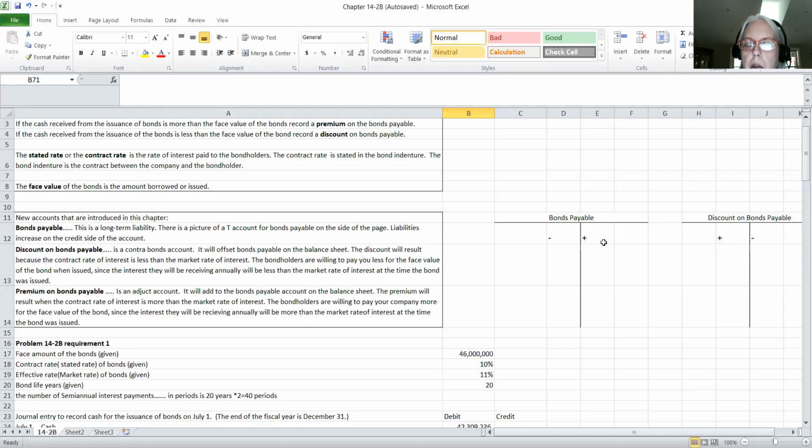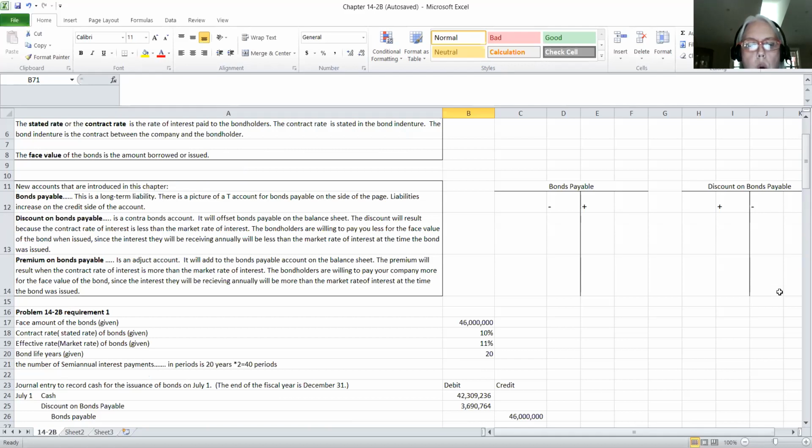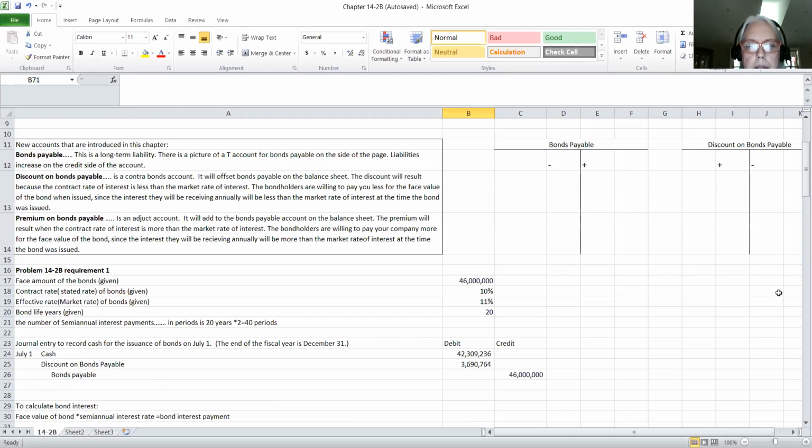So our bonds payable would be credited for the face value. Our discount on bonds payable would be debited for the difference between the cash amount that you actually received and the face value.